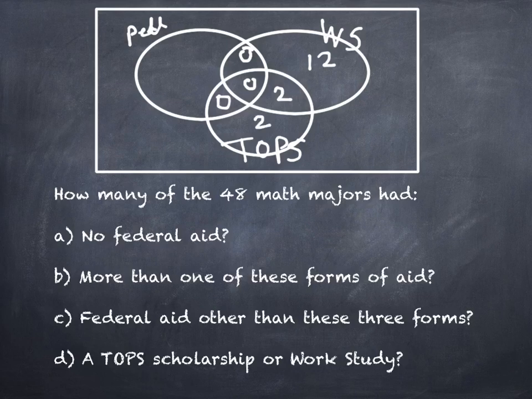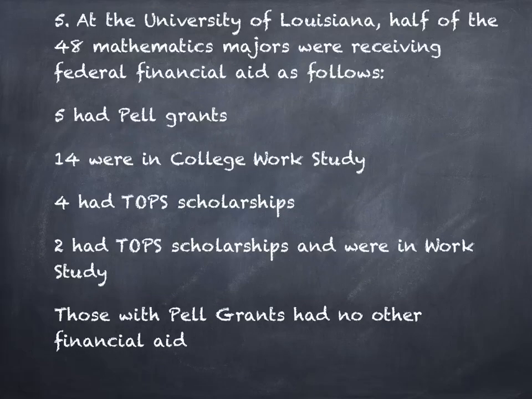What else? There's 2 pieces that I don't have in my picture yet. The Pell will be 5 because it said 5 people had Pell Grants, right? So I need those 5. What else do I need? I need something on the outer side with the 48, right? All right, so let's take a look at what 48 was talking about. What was 48?